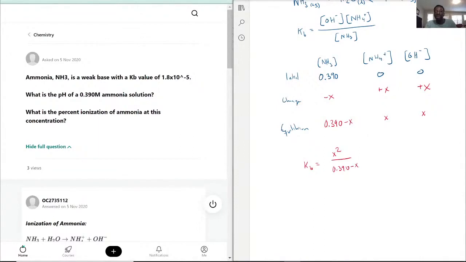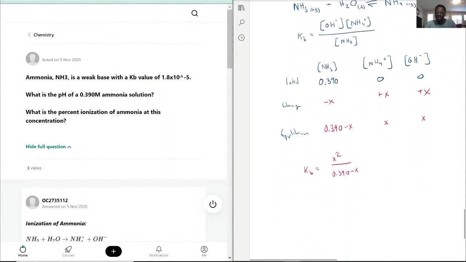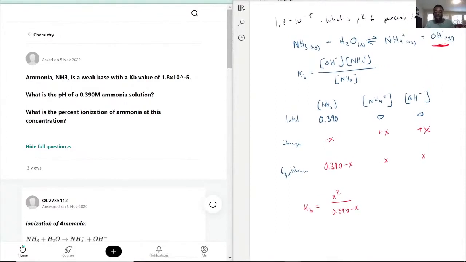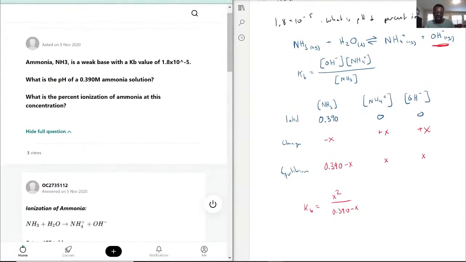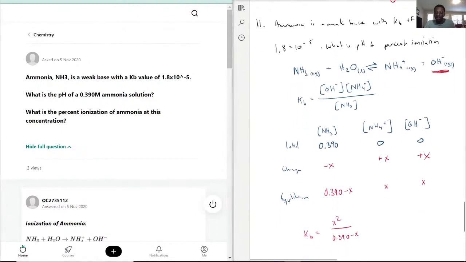Now, what we're going to do is a little bit of a shorthand. We're going to see if the concentration dwarfs the Kb value so much that you don't see a noticeable change in the 0.390 once it dissociates. The way we do that is we want to see if the concentration is at least 1,000 times bigger than our Kb value.